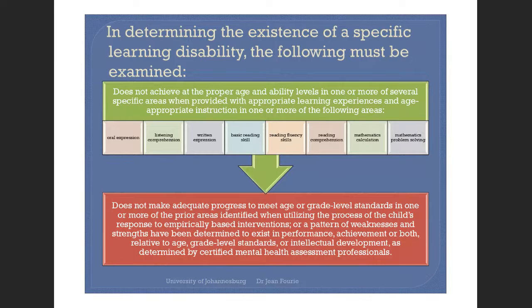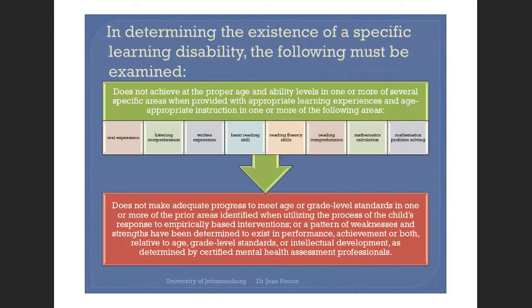So despite adequate learning experiences and appropriate instruction, they are still having difficulty with oral language, with listening, with writing, with reading, reading accurately, reading fluently, with reading comprehension, with mathematical calculations and mathematical problem solving.